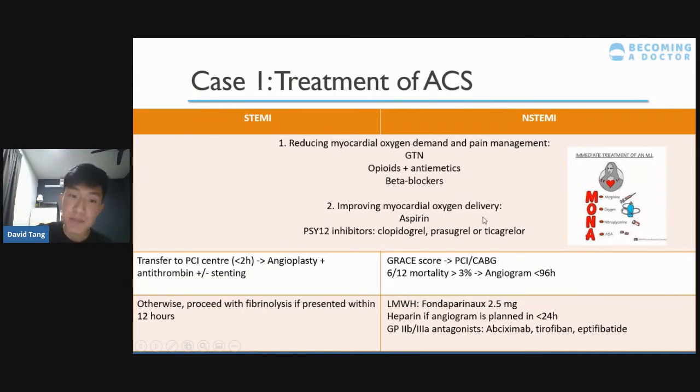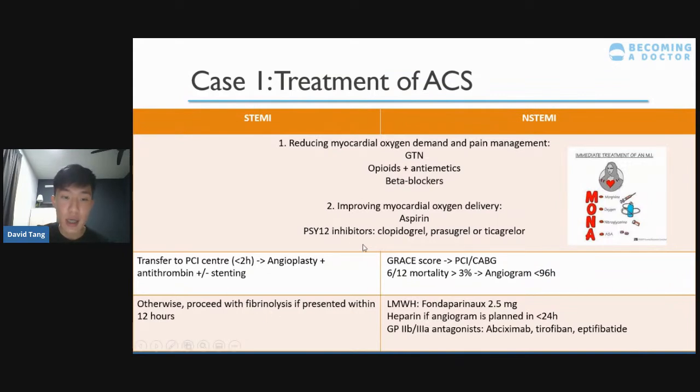And the latter can be achieved via clot busting, as we colloquially call it. This can be any form of antiplatelets, either aspirin or the newer generations of the clopidogrel family, such as prasugrel or ticagrelor. All of these are recommended by the NICE guidelines in Britain.